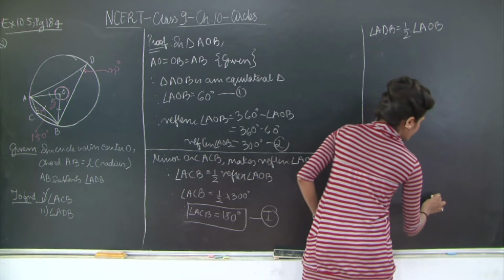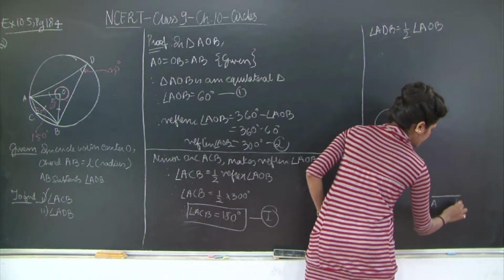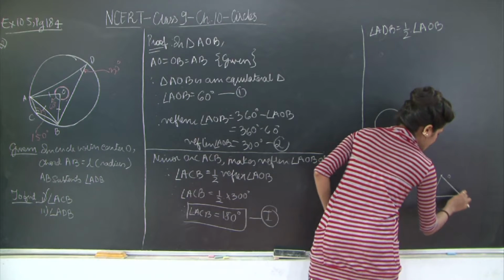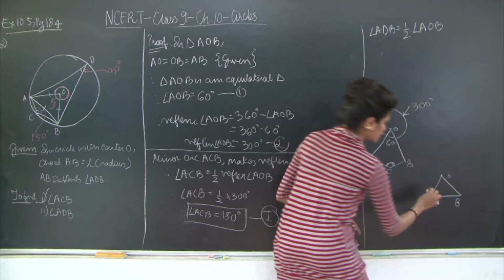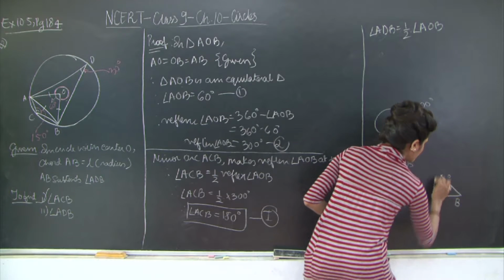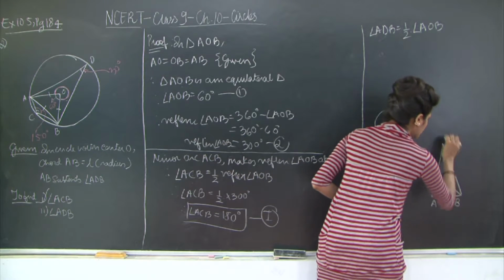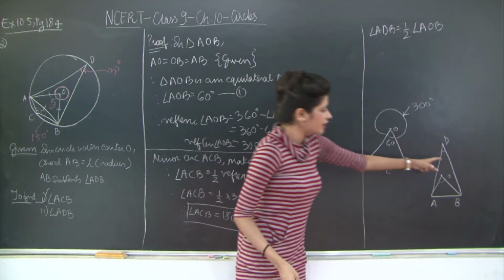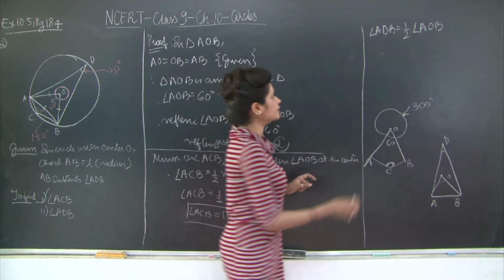I have this chord AB, I have this center O. So AB is subtending an angle at the center, this angle AOB, and also this angle ADB at the circumference. Therefore, ADB is half of AOB.